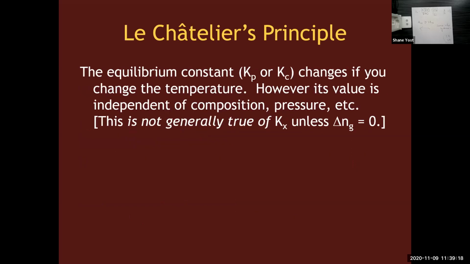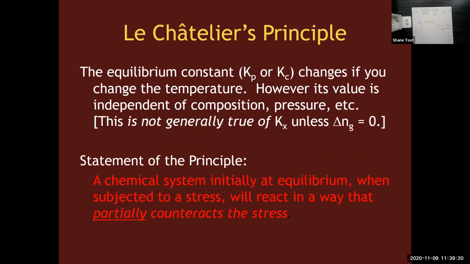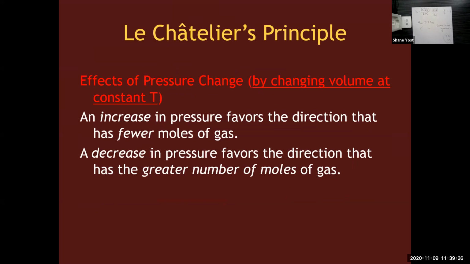Again, the Le Chatelier principle talked about temperature changes, and we'll talk about that in a second. We talked about volume changes, and how it favors the direction that has fewer moles of gas when you increase the pressure, or the greater number of moles of gas when you decrease the pressure.